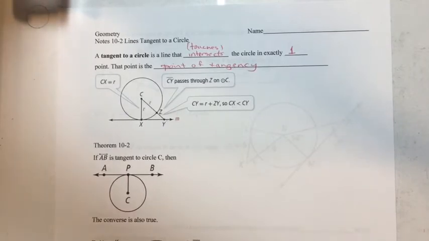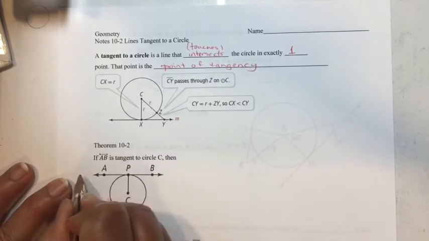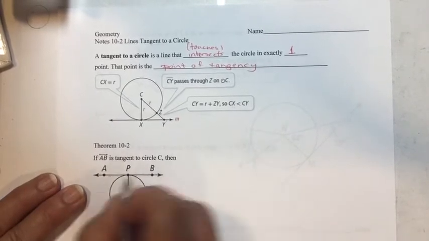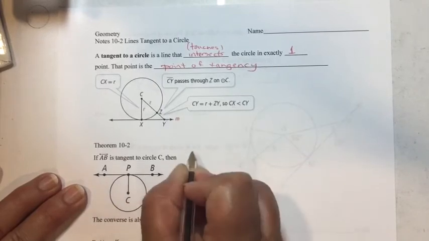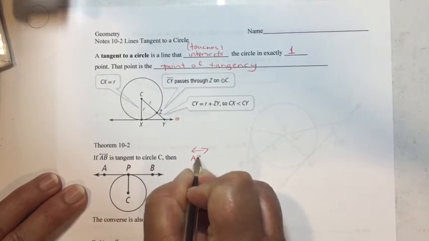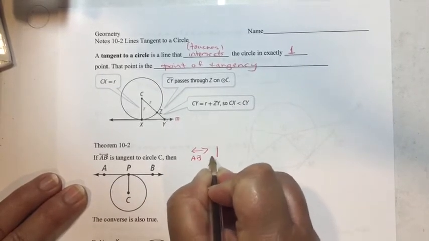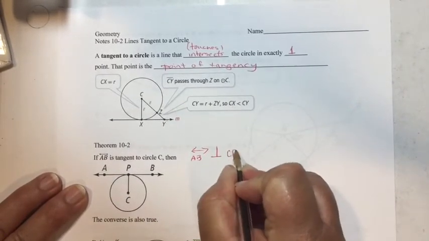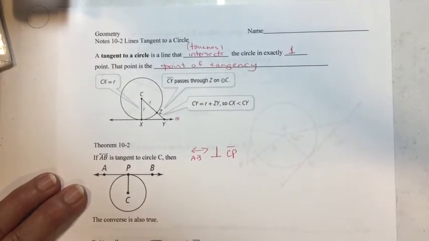Okay, now theorem 10-2. Theorem 10-2 tells us that if you have a tangent to a circle, then that line is going to be perpendicular to the radius. In other words, here we go. We have a tangent to the circle. So I now know that that tangent line, AB, is going to be perpendicular to this radius, CP, that segment.